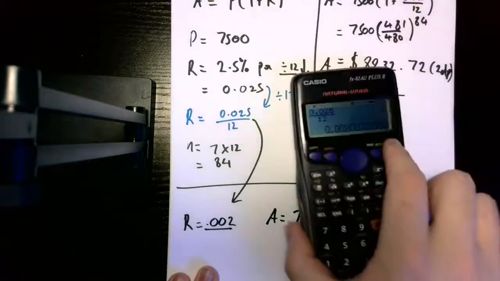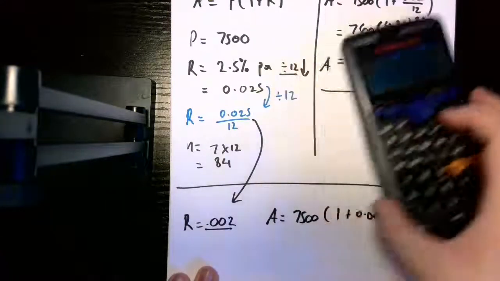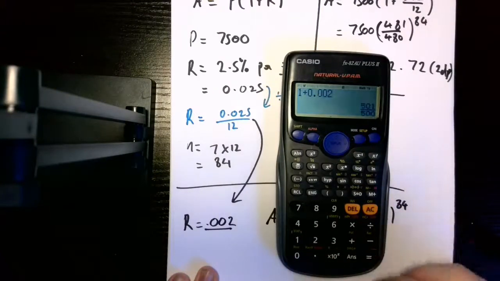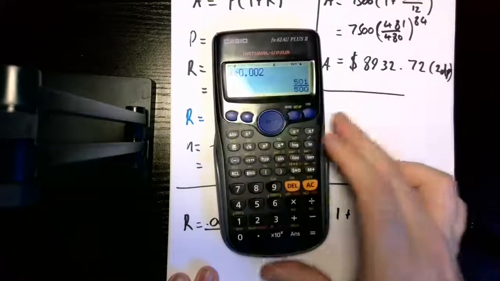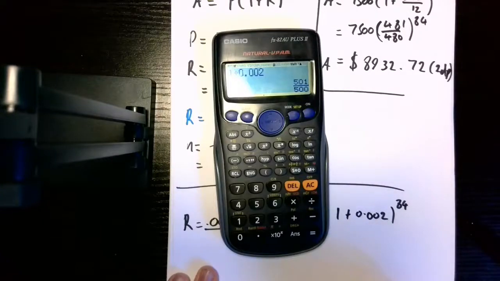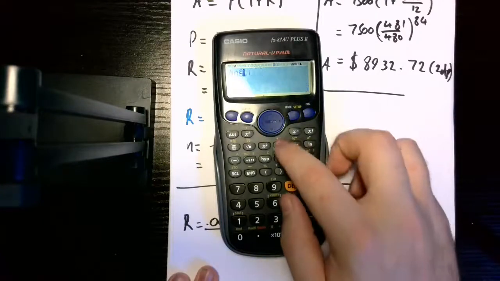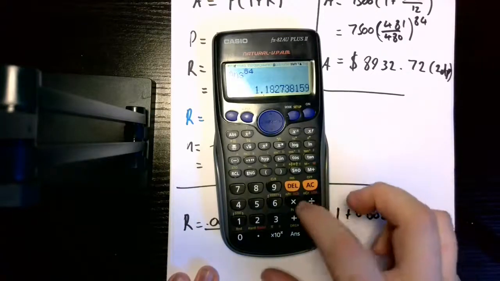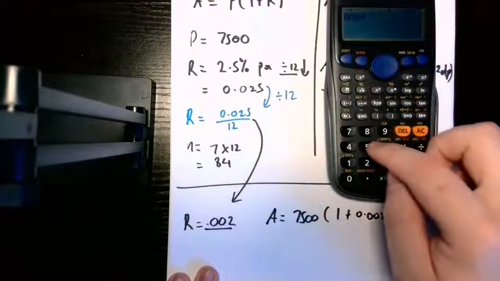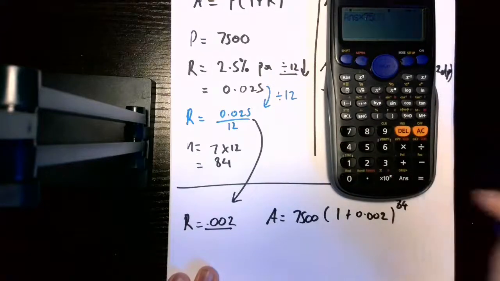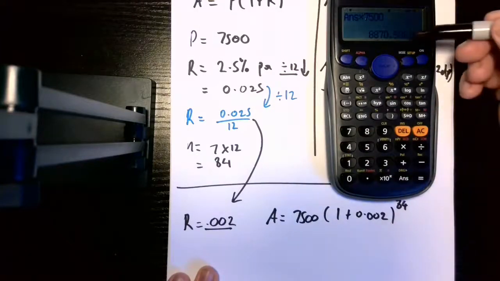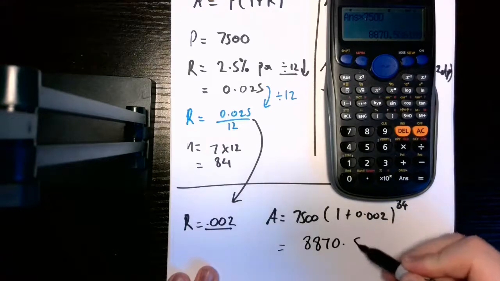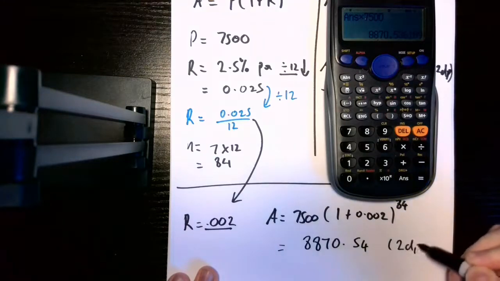If we plug this value into our calculator, the same thing as before, so 1 plus 0.002 equals, we're then going to bring that to our power of 84, so answer to the power of 84 equals, and then we're going to multiply, just like last time, by 7,500. Okay, what I've done is I now have a different answer, 8,870.54 to 2DP.